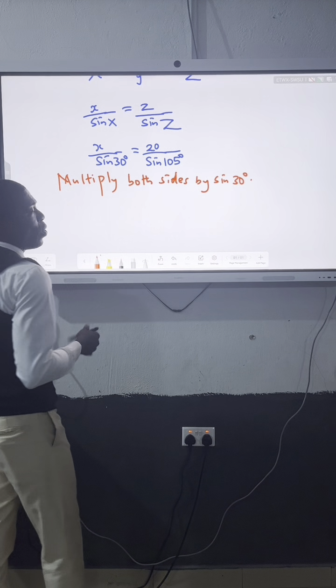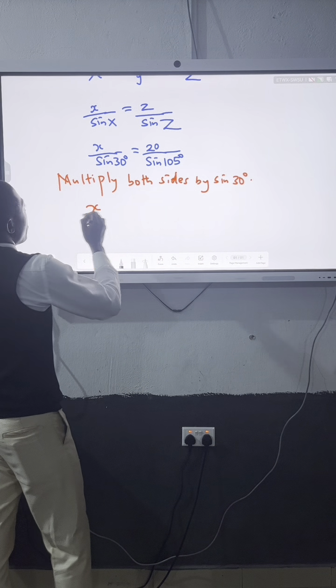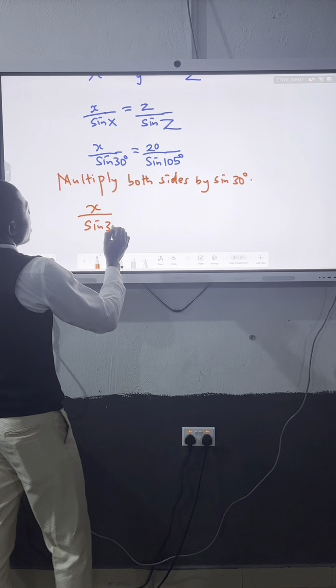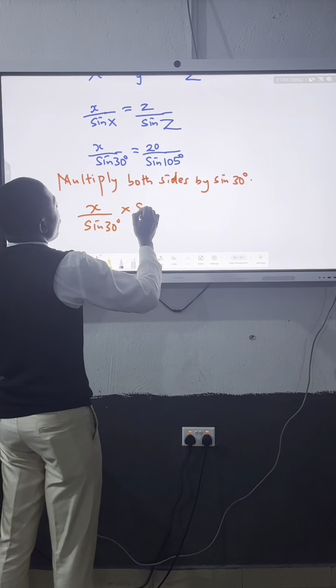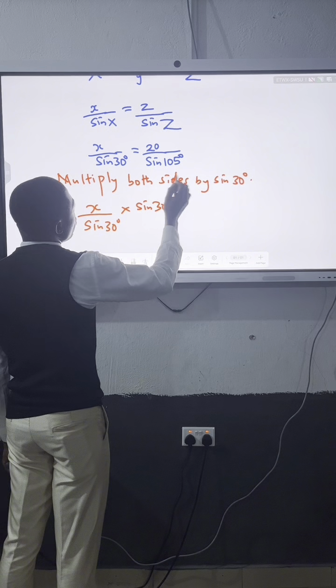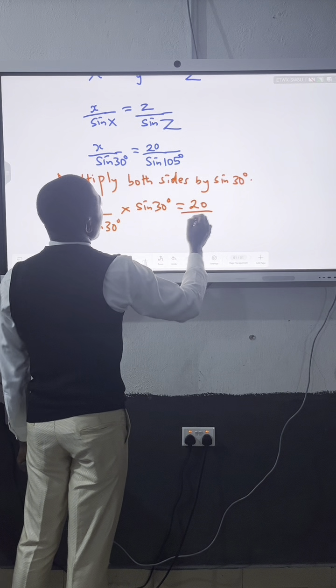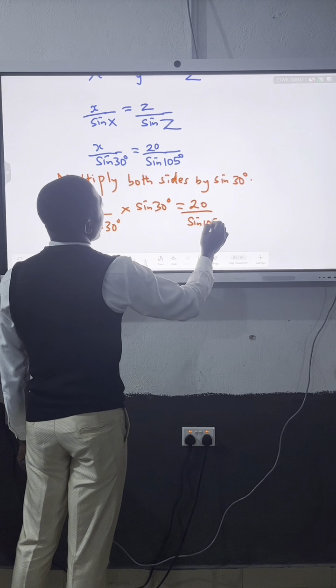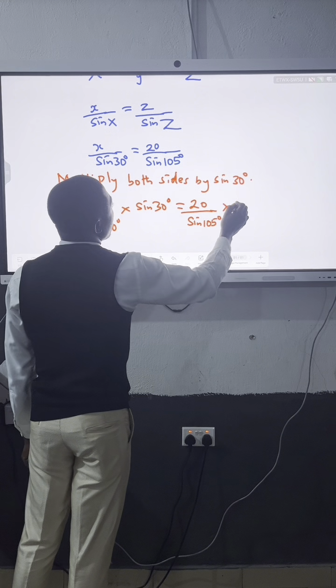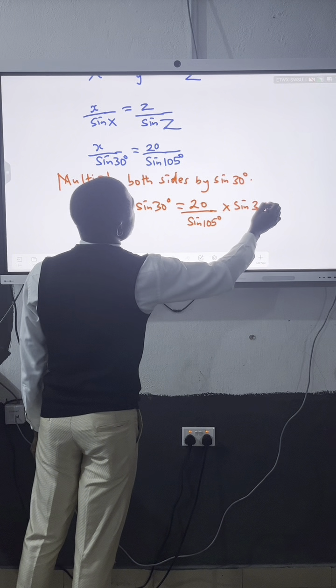If you don't want to do that, just cross multiply. It's the same idea. Sine 30 degrees multiplied by 20 over sine 105 degrees, then multiplied by sine 30 degrees.